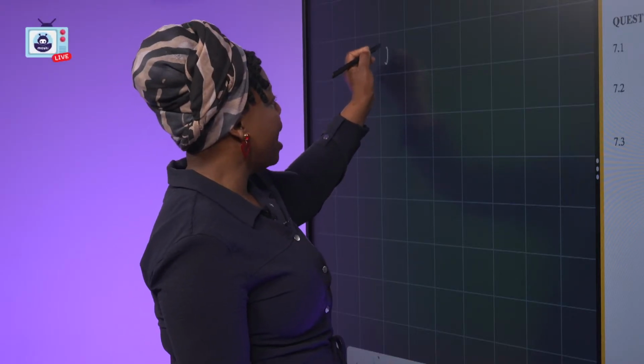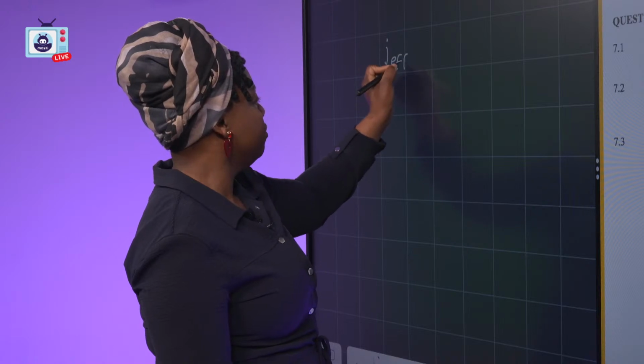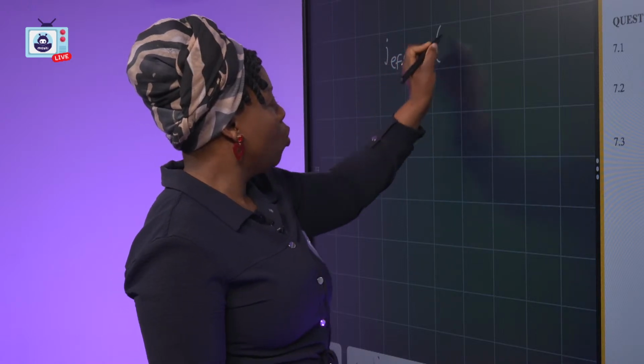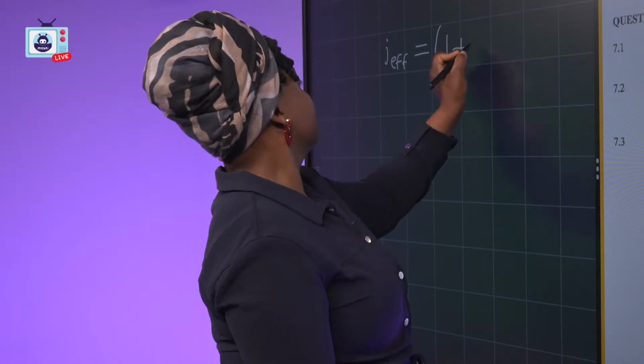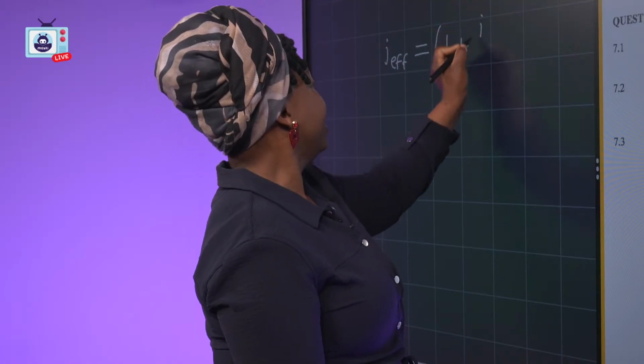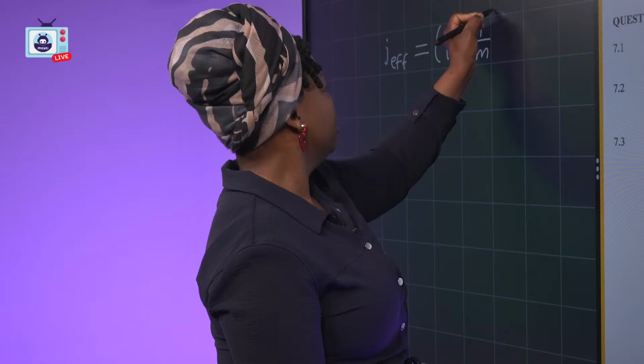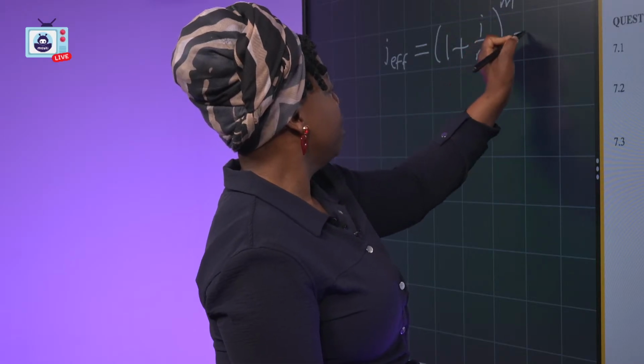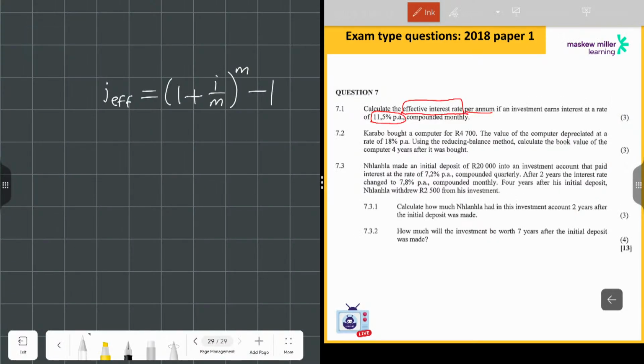So it is I effective equals 1 plus I divided by M to the exponent M, minus 1. I put the minus 1 on the other side simply because I'm looking for the effective rate, or effective interest rate. So by doing that, you can just simply substitute what you have and then you'll be able to get to the answer.